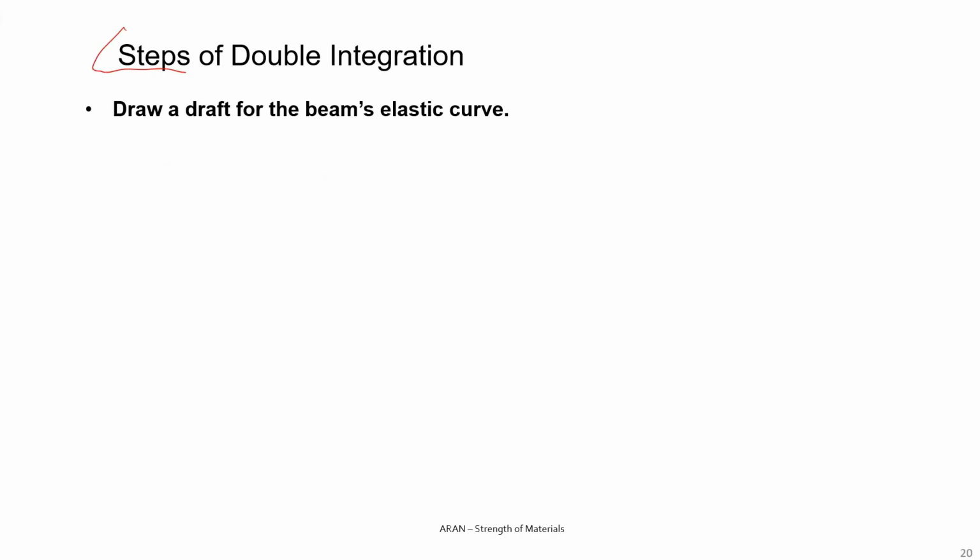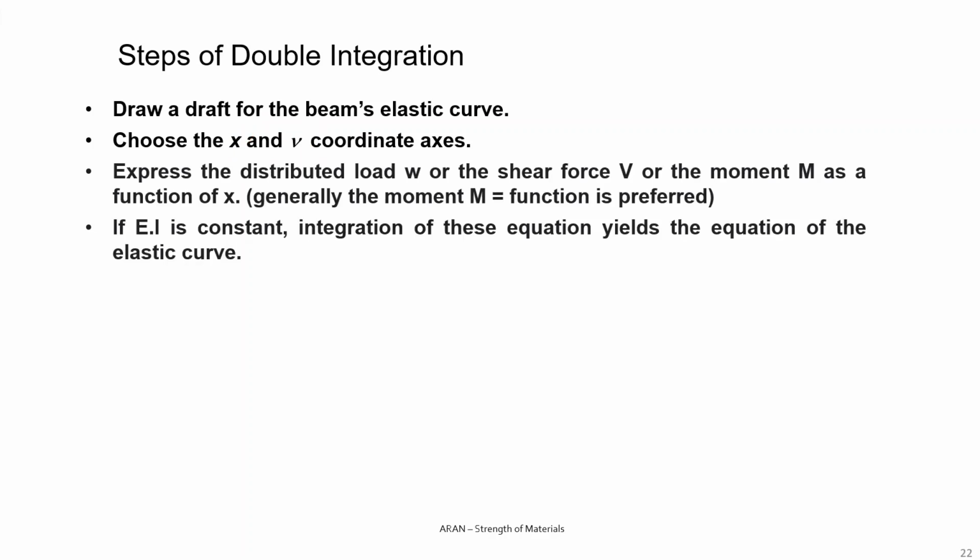Well, in summary, when you use the double integration method, you draw a draft for the beam's elastic curve. You know the boundary conditions, so you can just draw a draft. Having this draft, you choose your x and v coordinate axes.